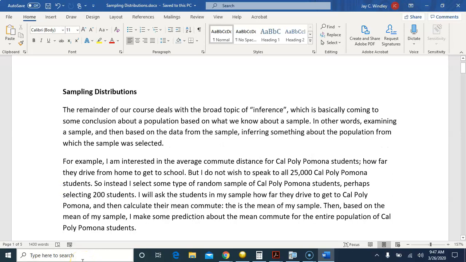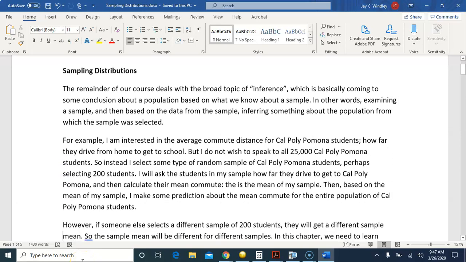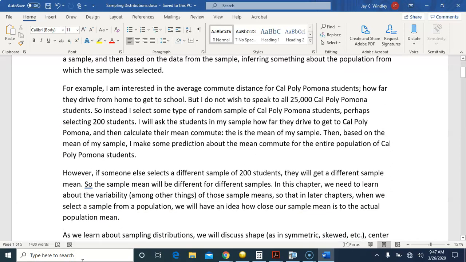And then based on my sample mean, I can make some prediction about the population mean, the average commute for all students. But the problem is that if I grabbed a different random sample of 200 students, I would get a different sample mean. So there's variability in the value of x bar from one sample to another.